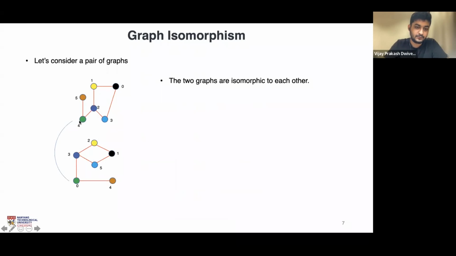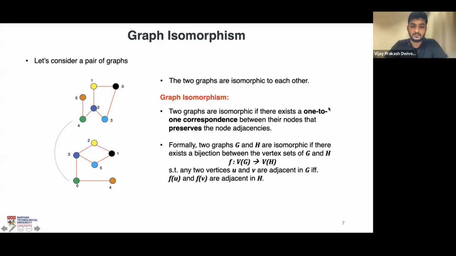For example, this 4 becomes the node 0 in the next graph, and the colors represent the corresponding nodes, which are the same in both graphs. And when we do this correspondence, we also see that the adjacencies are preserved. If you see the edge with the orange color and the green color, it's the same in the next graph, even though the indexing is different.